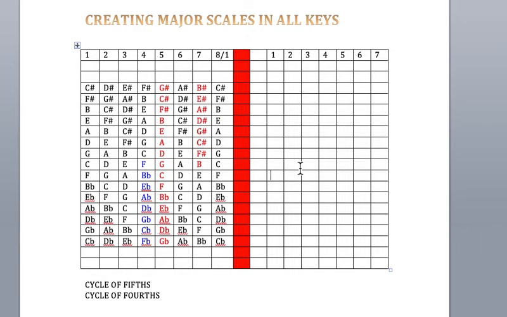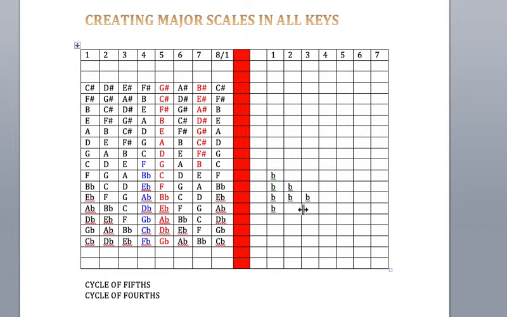Then we come to this one. F has 1 flat. B flat has 2 flats, and E flat has 3 flats. A flat has 4 flats.